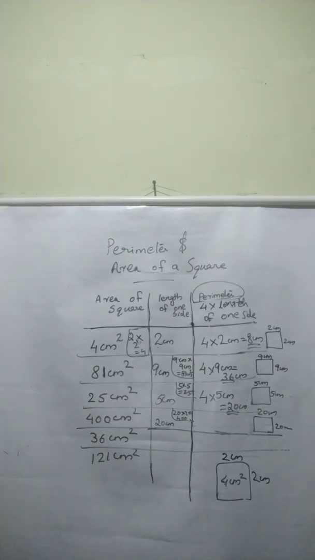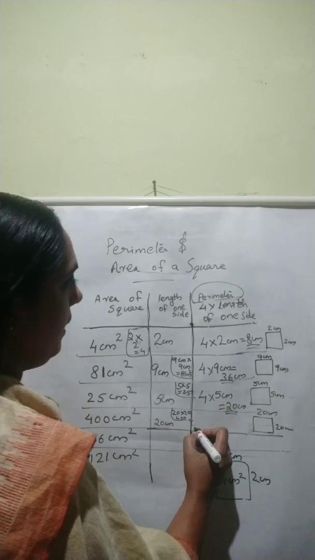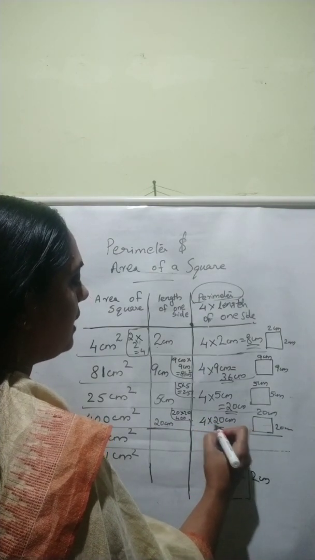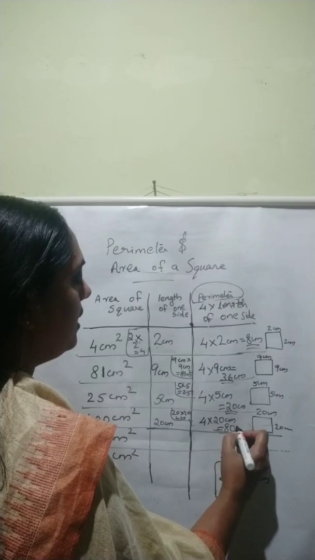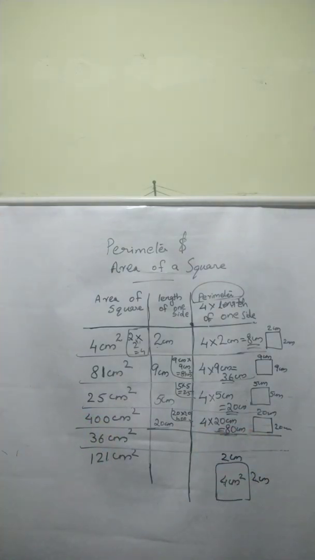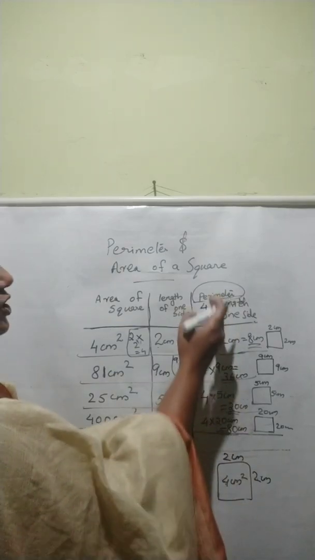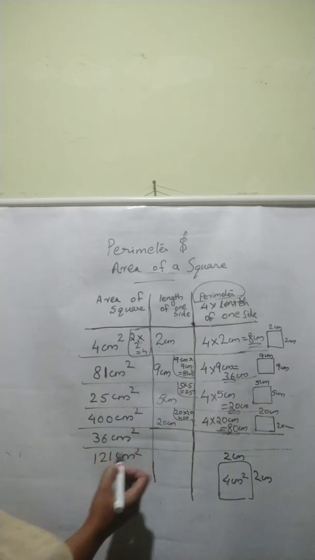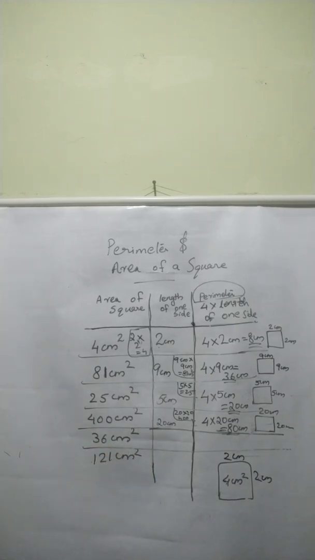So the perimeter of this square will be 4 into 20 centimeter. 4 times 20 is equal to 80 centimeter. So the perimeter of this square is 80 centimeter. Now find out these two, 36 centimeter square and 121 centimeter square.